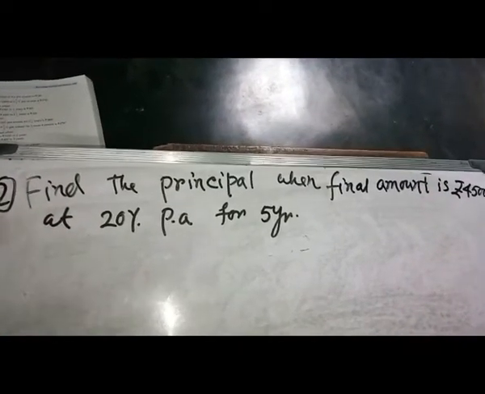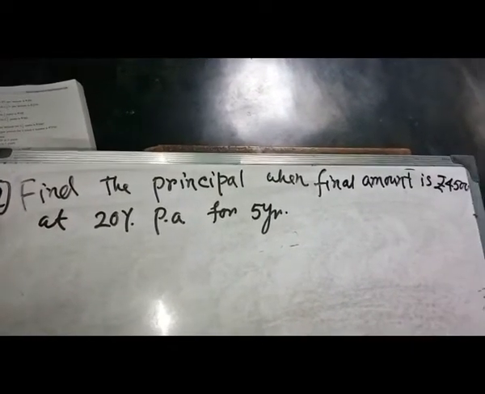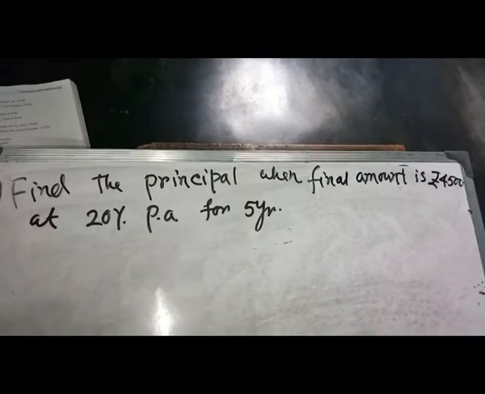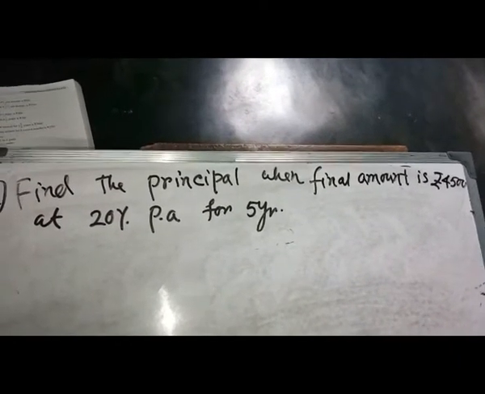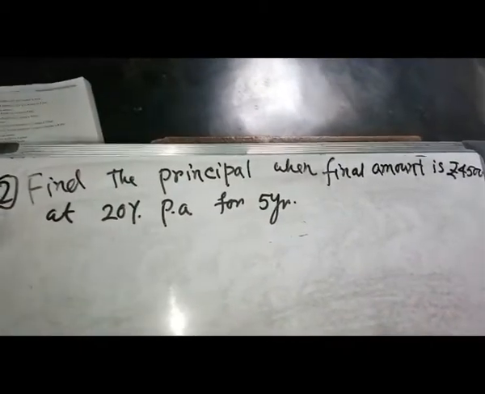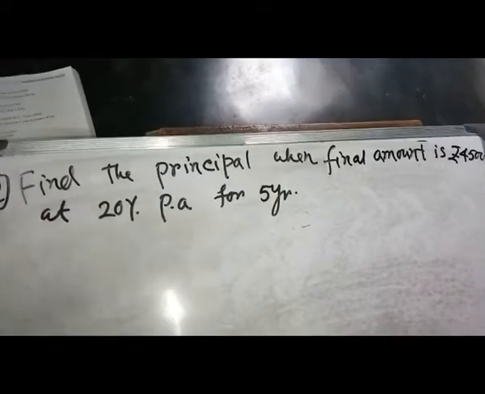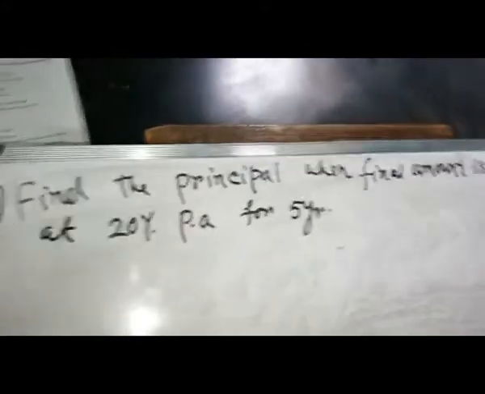Now student, you see another sum is written here. Find the principal when the final amount is rupees 4500 at 20% per annum for 5 years. Which thing do you have to find out? You have to find out the principal. And which details are given?